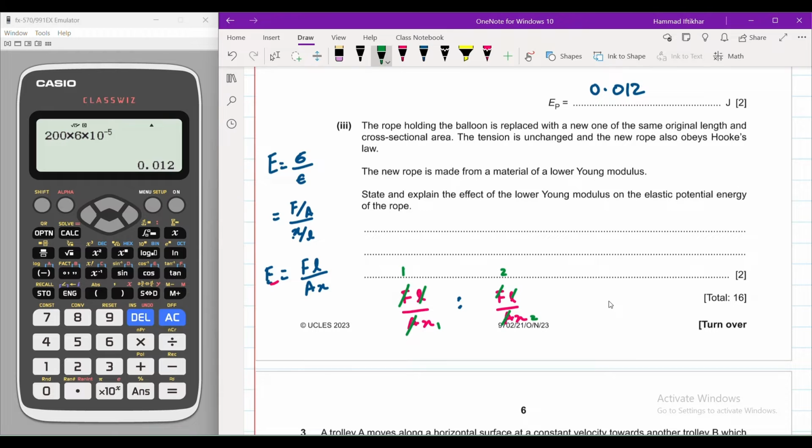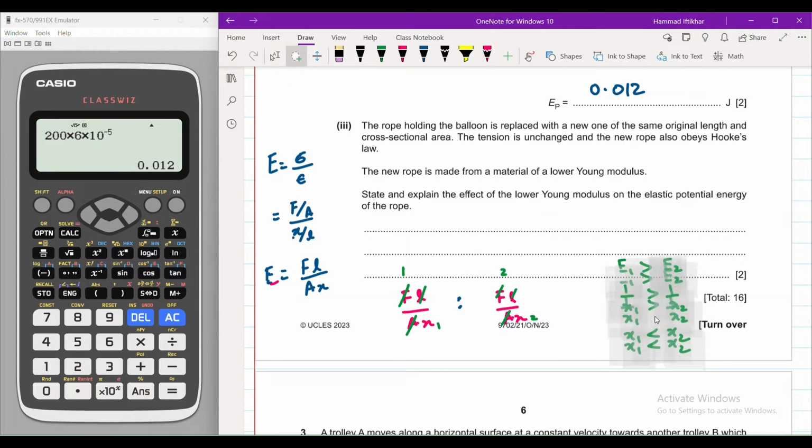Now since this E1 was greater than E2, and this all boils down to 1 over x1 greater than 1 over x2, when we take the reciprocal it will be the opposite. So x1 would be less than x2. The extension in the first case is lower than the extension in the second case.